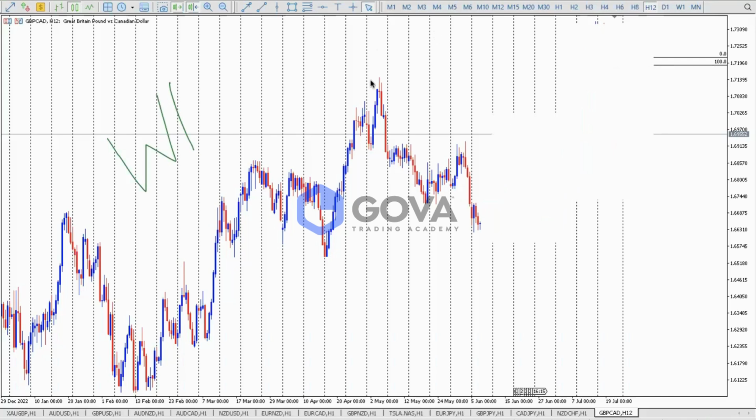You can see this is the rally based drop I can see. There's a brief rally based drop zone here. So on this rally based drop zone, does it make sense for me to be selling around here?